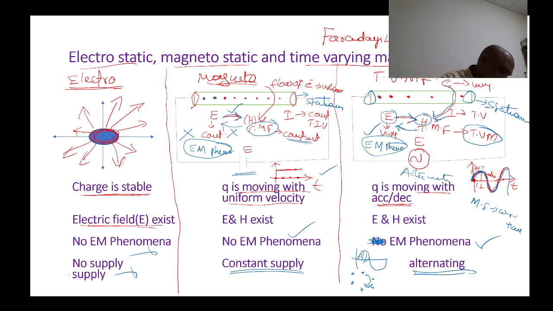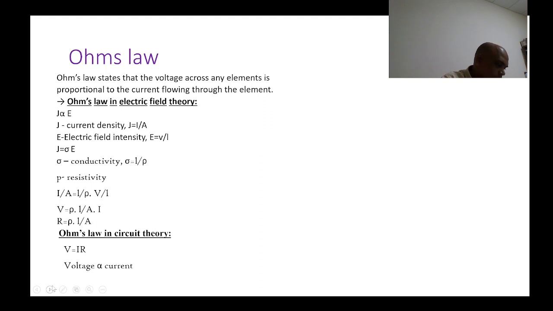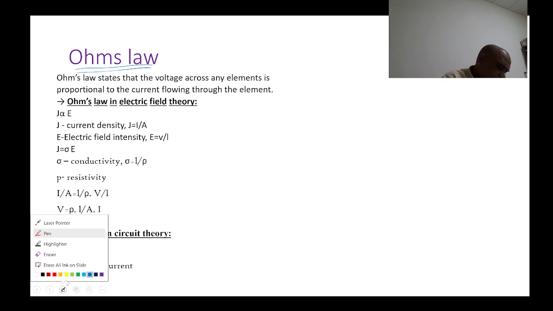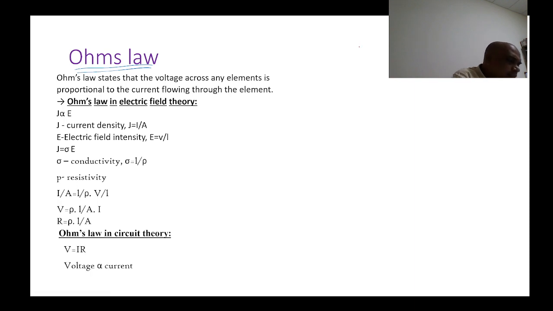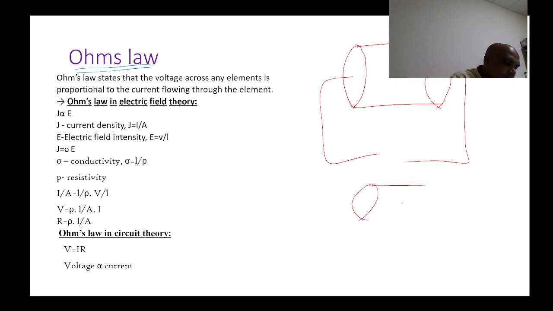Next we will discuss Ohm's law. What is Ohm's law? If you understand the electrostatic concept, Ohm's law is nothing. See, if you take a conductor, here I will not apply any electric field.